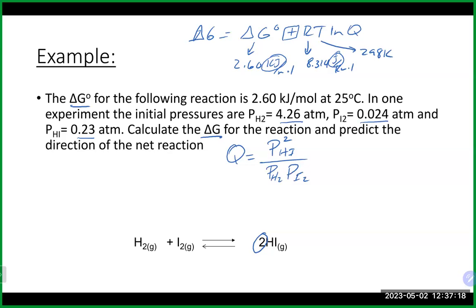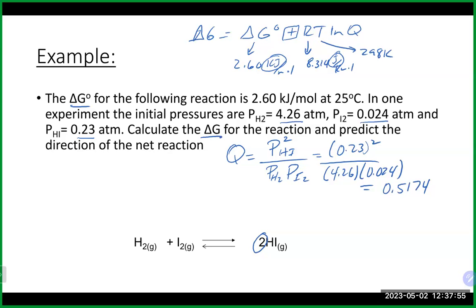And again, these pressures are really not the standard pressures of 1 atmosphere, so that is why we're using this equation. So we'll do our 0.23 and square it. We'll divide it by our H2, which was 4.26, and our I2, 0.024. That's going to give us a Q value here of 0.5174, I believe.